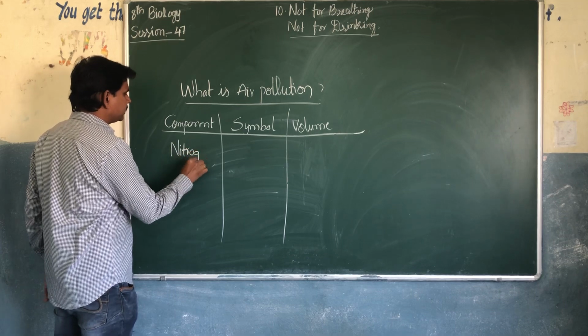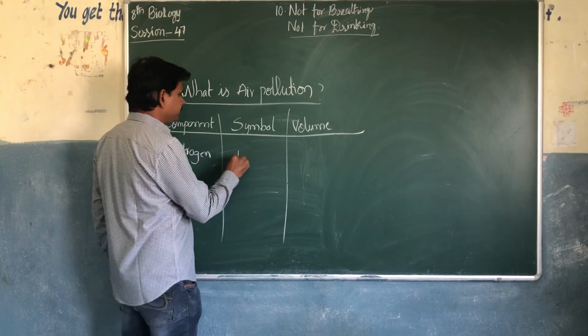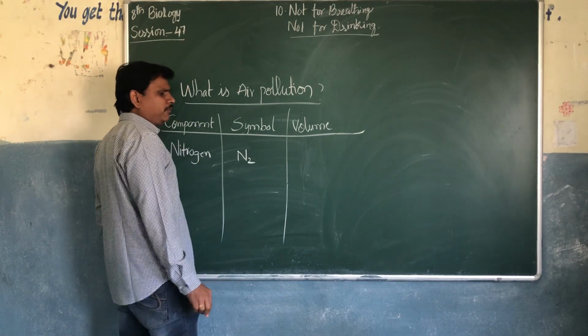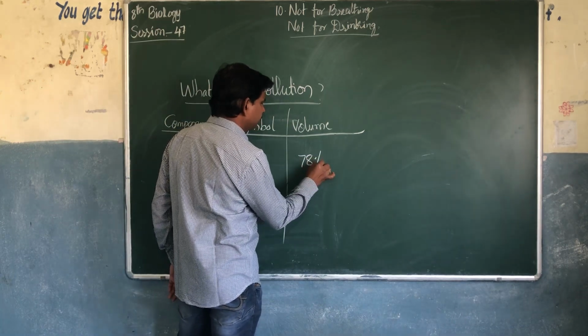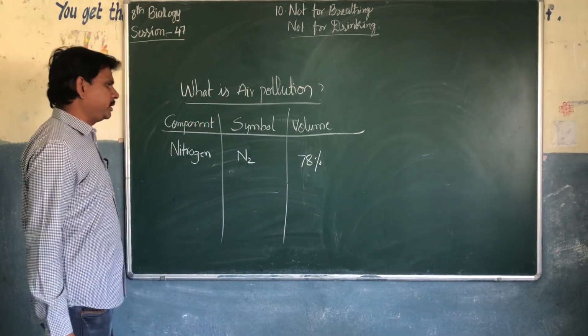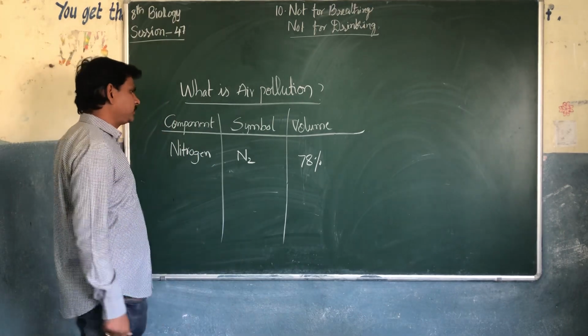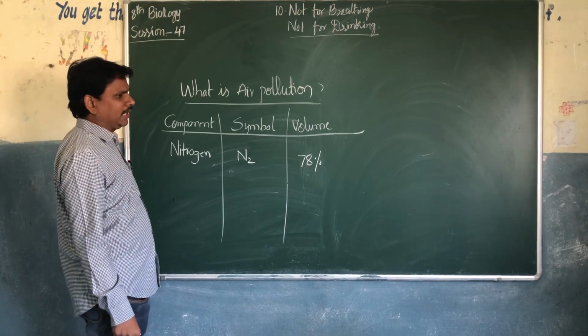There is plenty of nitrogen present in the atmosphere. What is the symbol of nitrogen? Capital N2. The volume of nitrogen is 78%. 78% of nitrogen is present in the atmosphere, the highest component.